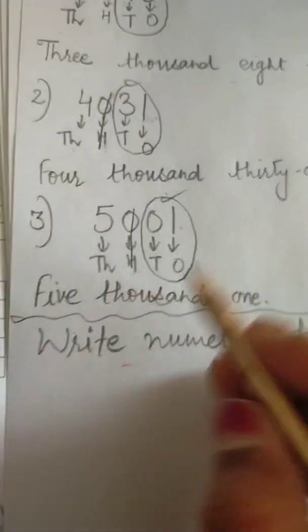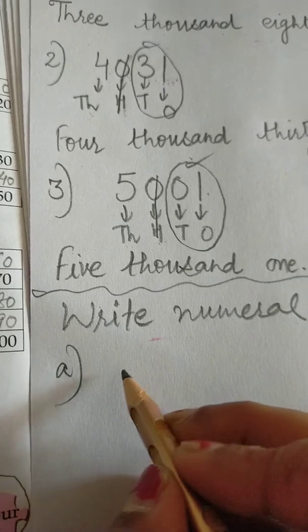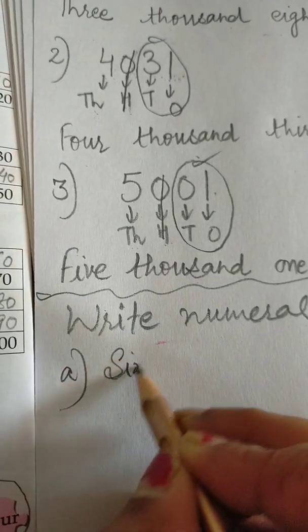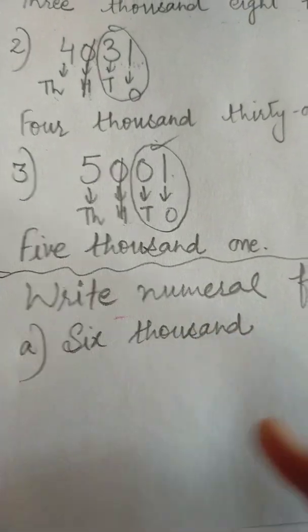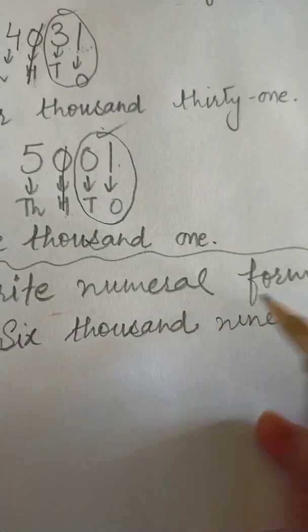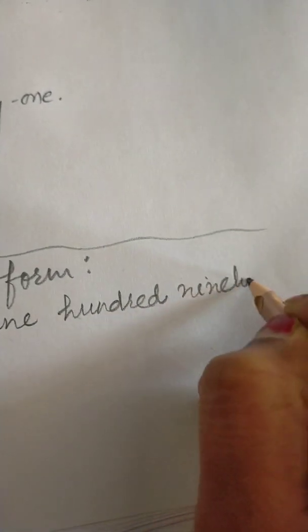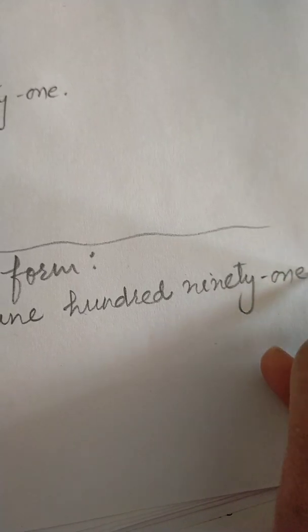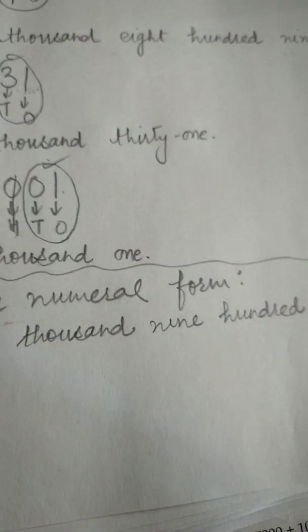For example, if it is 6000, 991, we have to write it in numeral form.